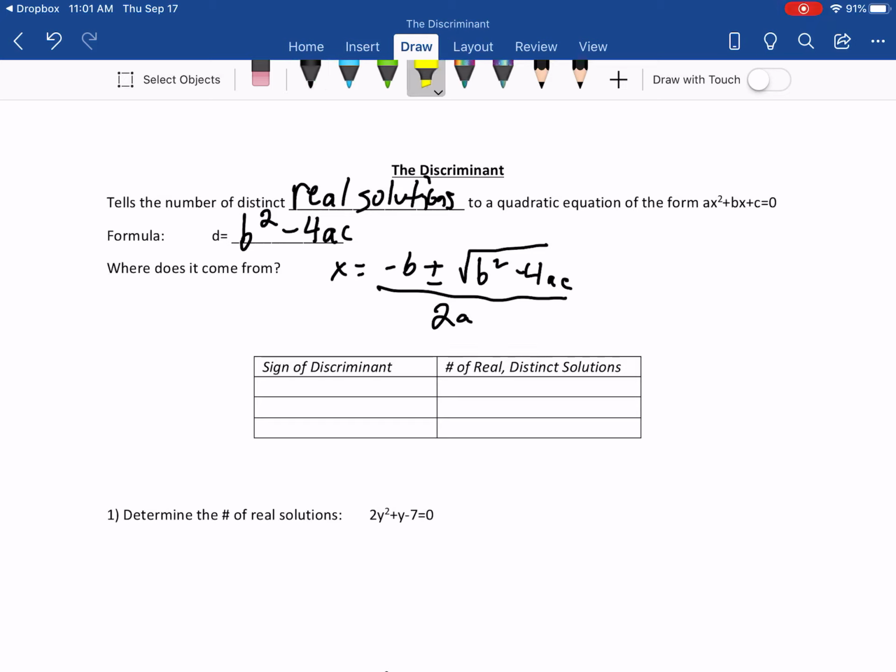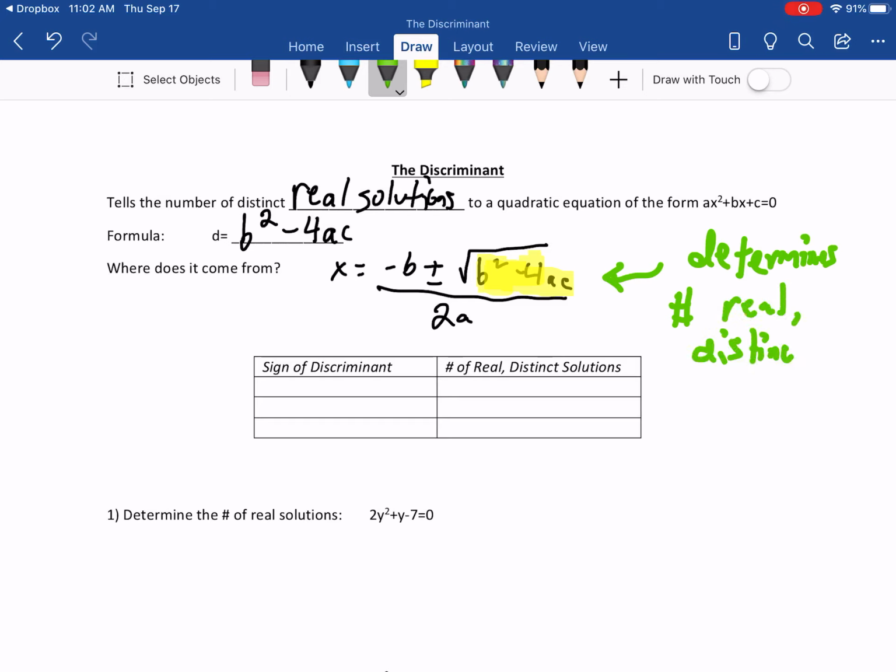So the discriminant is the inside of the square root, or the radicand, of the quadratic formula. So this part determines the number of real distinct solutions. Okay?